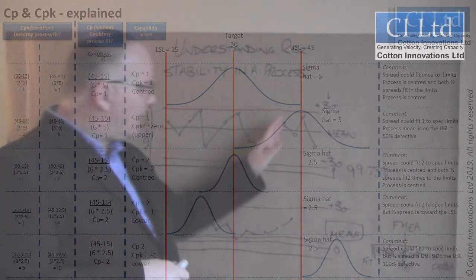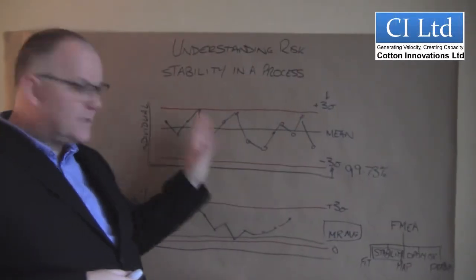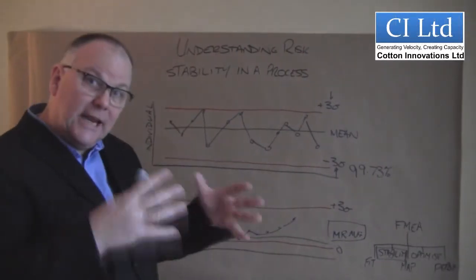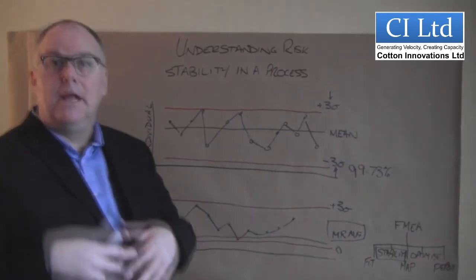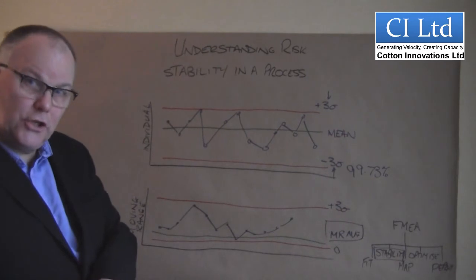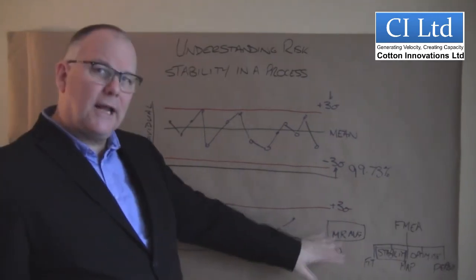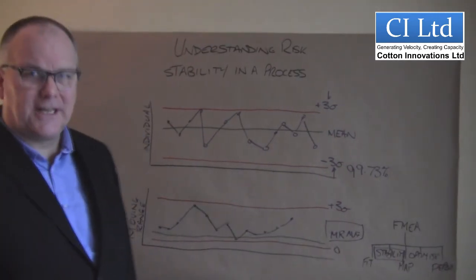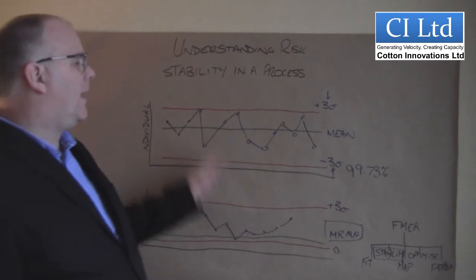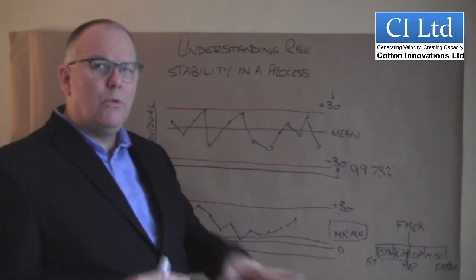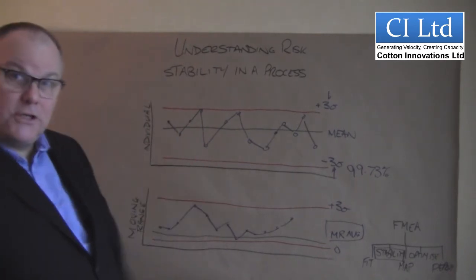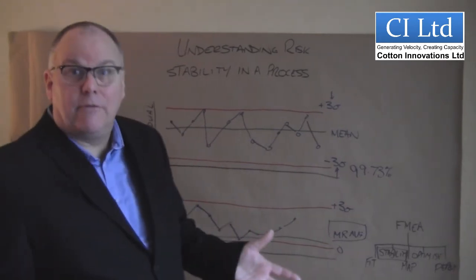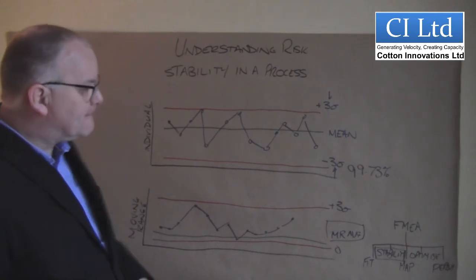If this is normally distributed data, and I'm seeing a nice even distribution of data points, what I'll find is that this average, when I divide it by the Shewhart constant, will calculate a similar value to the standard deviation. If, however, I have patterns in my data, this number will not calculate properly, and I shall see a difference between the two, which starts to indicate I have a problem within my process.